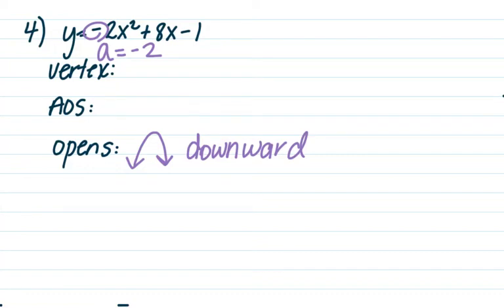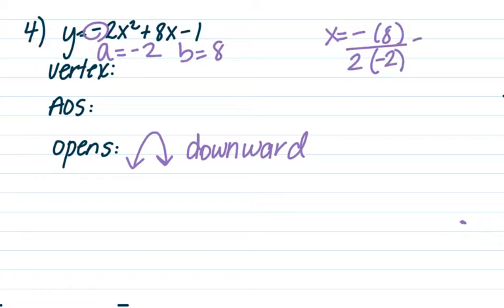All right, our B is a positive 8. So x is equal to a negative and then 8 over 2 times A, which is negative 2. So negative 8 divided by negative 4 is equal to a positive 2. So the x-coordinate is 2.